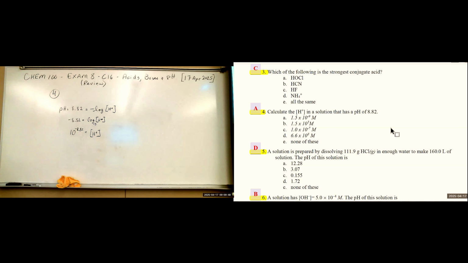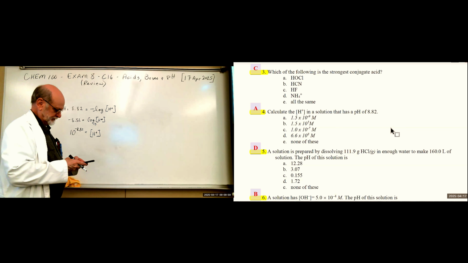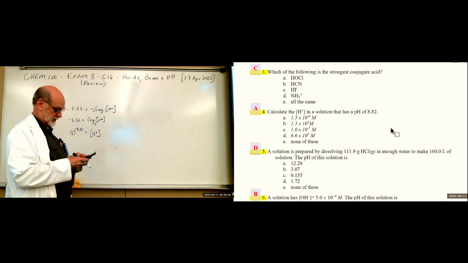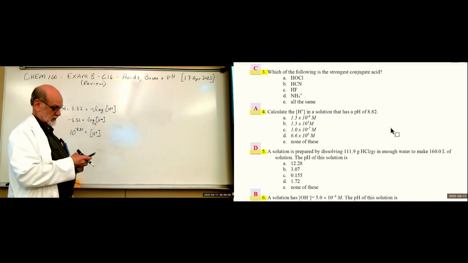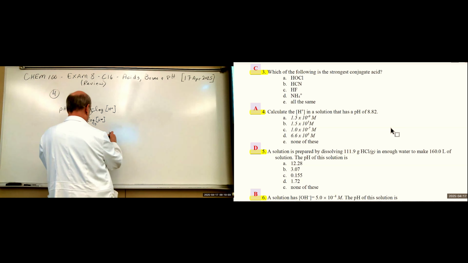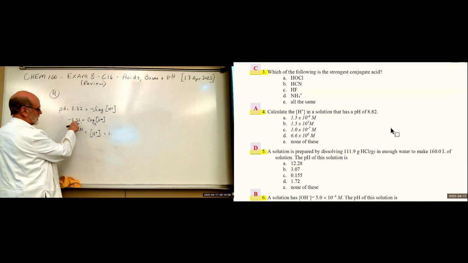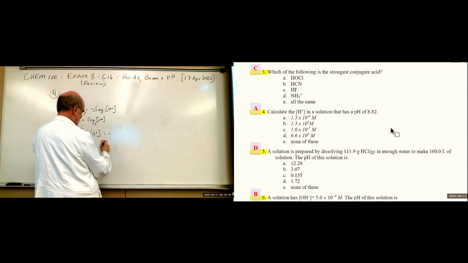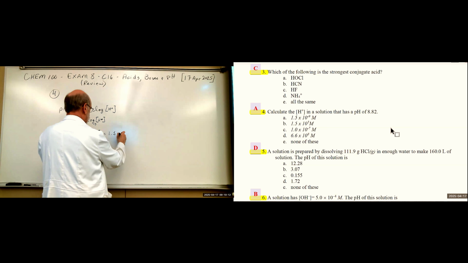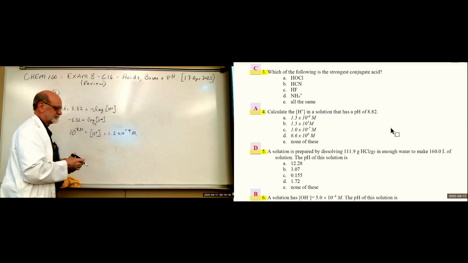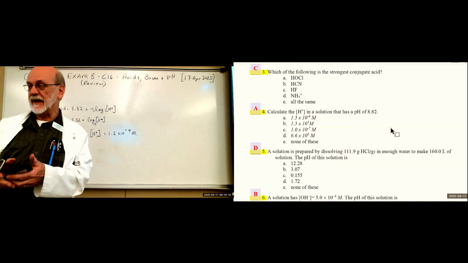So all we need is a calculator. And let's see, 8.82 and change the sign and then do the 10 to the x. And that is 1 point, let's see. We have 2 decimals, so we can have 2 significant figures here. 1.5 times 10 to the minus 9th molar.